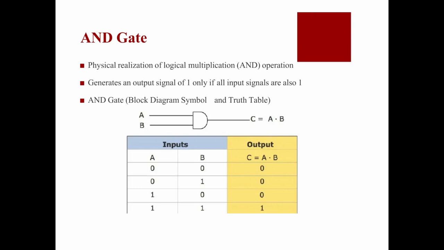Let's see more examples about the AND gate. AND gate is a logical multiplication operation. So, example here, if the input A is 0 and B is 0, this means that 0 times 0 equals 0. 0 times 1 equals 0. 1 times 0 equals 0. 1 times 1 equals 1.